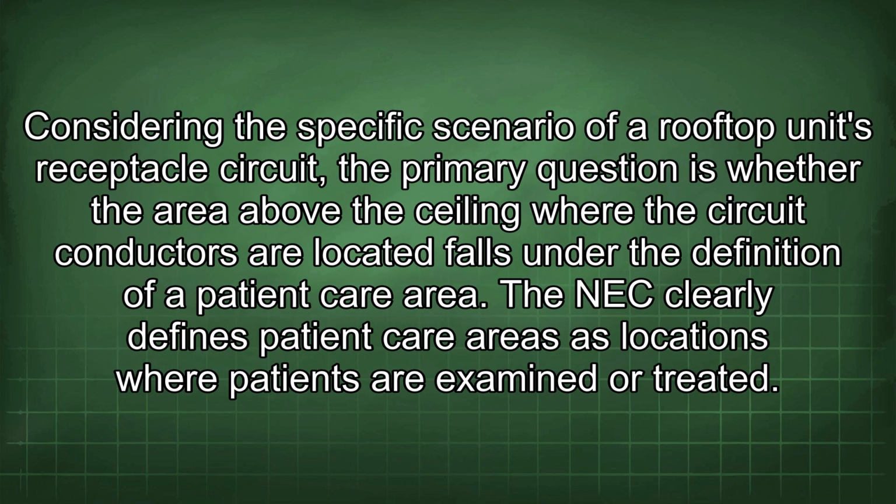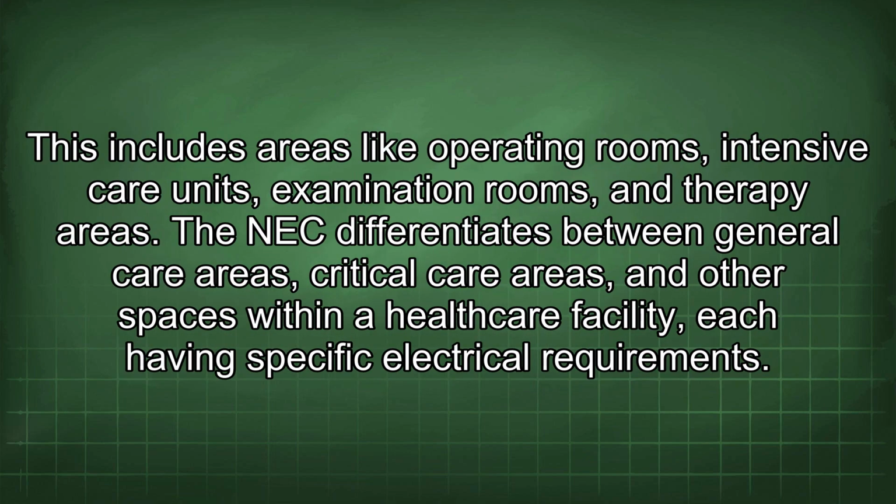Considering the specific scenario of a rooftop unit's receptacle circuit, the primary question is whether the area above the ceiling where the circuit conductors are located falls under the definition of a patient care area. The NEC clearly defines patient care areas as locations where patients are examined or treated. This includes areas like operating rooms, intensive care units, examination rooms, and therapy areas.